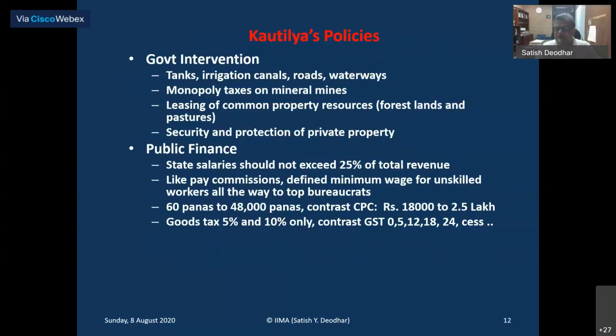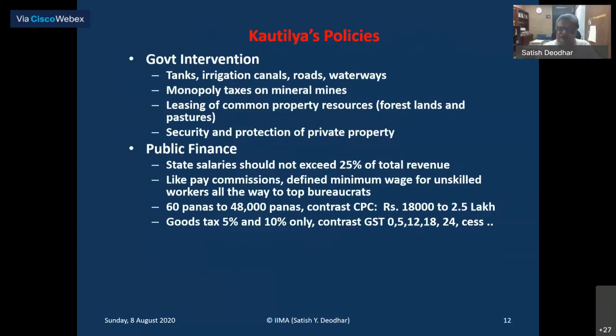And the maximum salary is 2.5 lakhs for the joint secretary or cabinet secretary. Now imagine this difference is much less compared to what Kautilya was talking about. This difference is so less that the best civil servants probably will join the private sector, and their salaries are 3 crores, 4 crores.